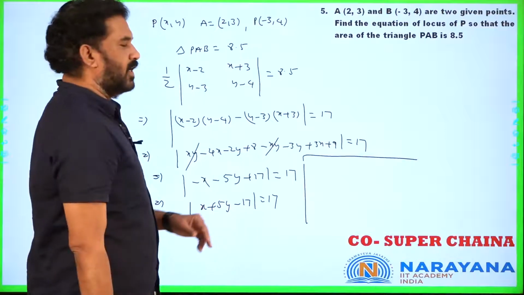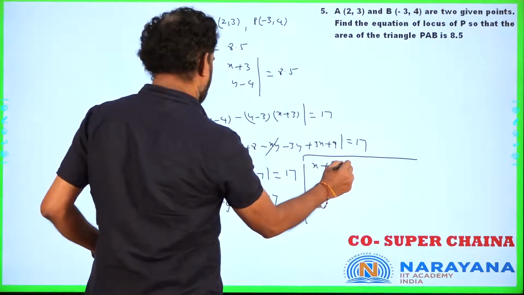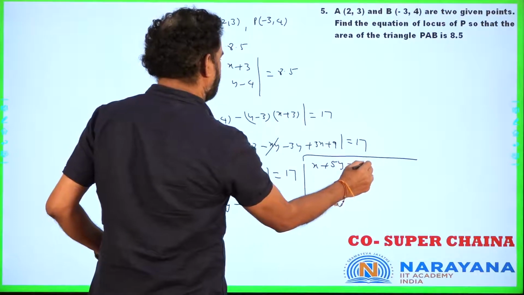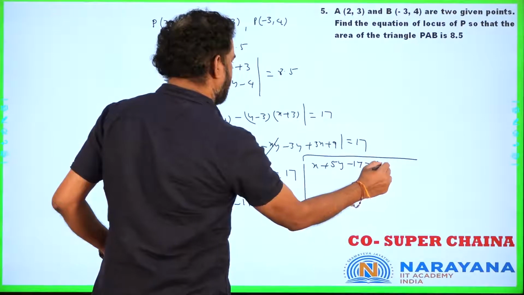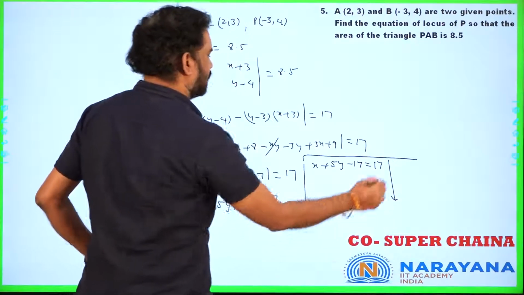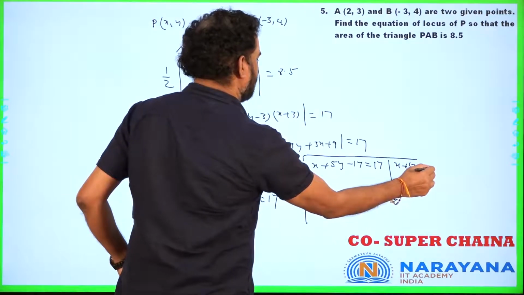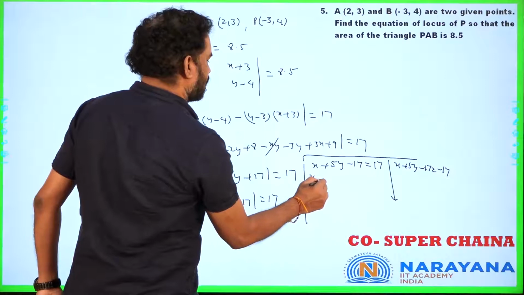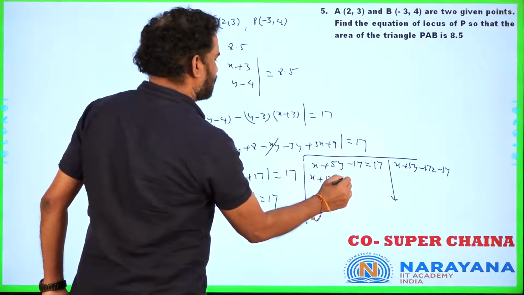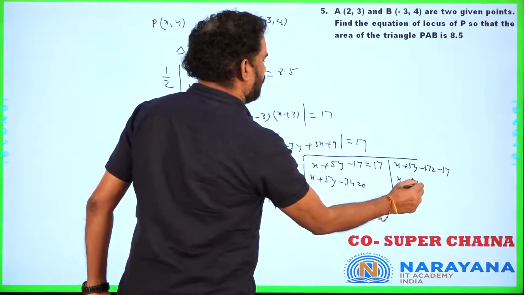After removing the modulus, we get x + 5y - 17 = 17, that is one case, and x + 5y - 17 = -17. So here we get x + 5y - 34 = 0, and this is x + 5y = 0.